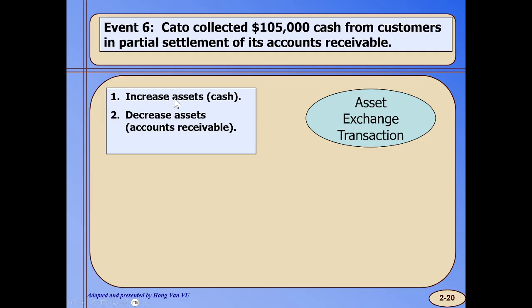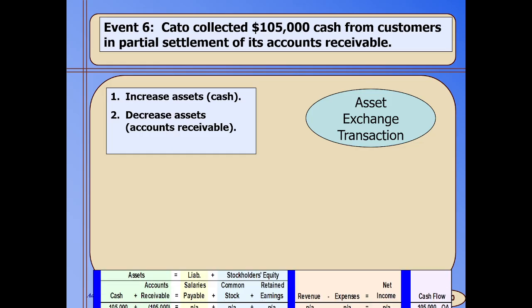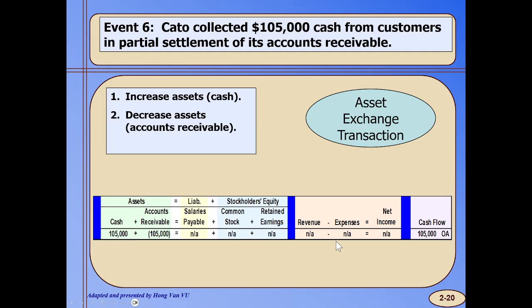This transaction increases the cash asset account and decreases the accounts receivable asset account. The income statement is not affected, but the statement of cash flows reports an inflow of 105,000 for operating activity. It is classified as an asset exchange transaction.